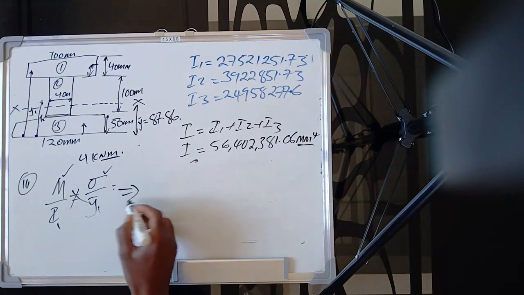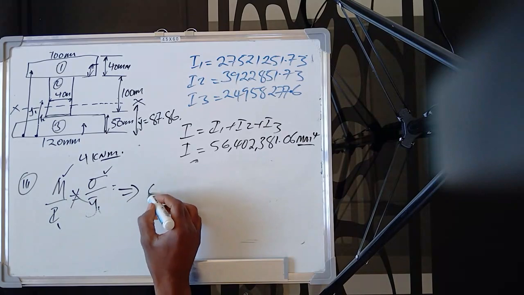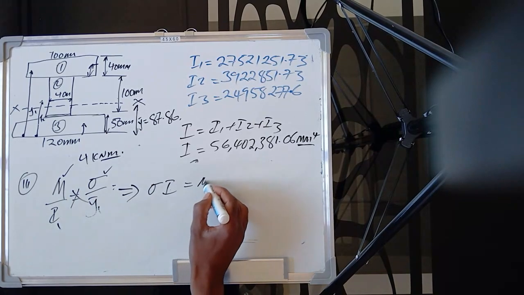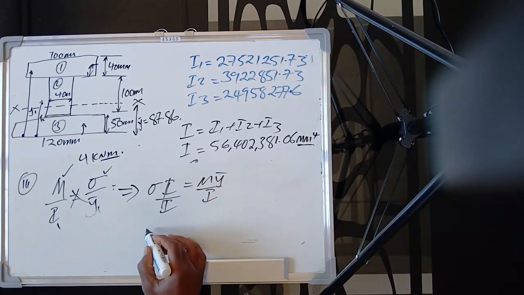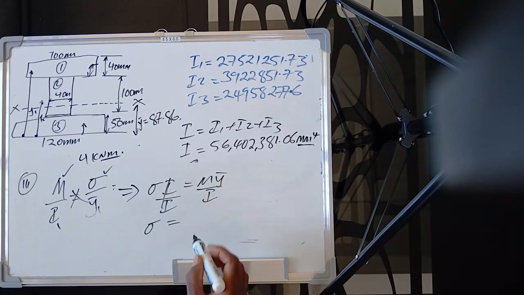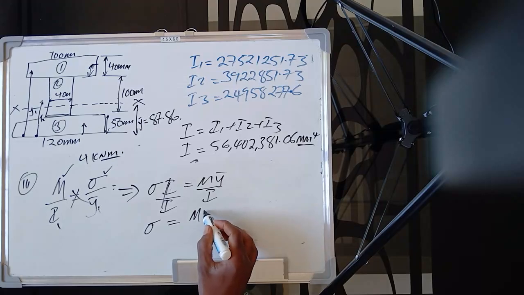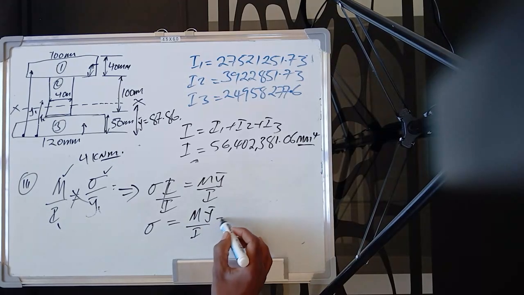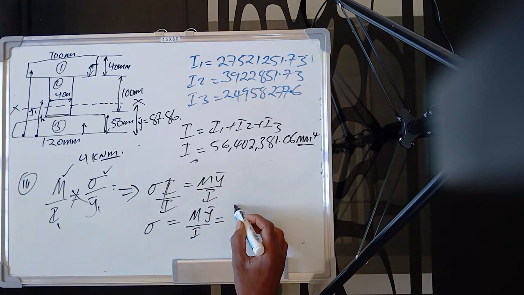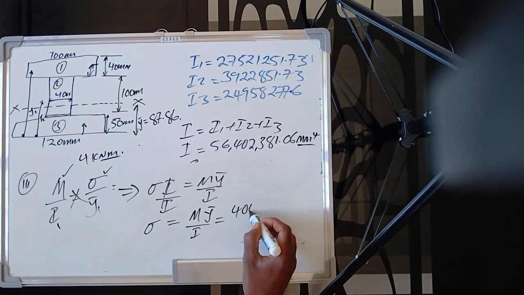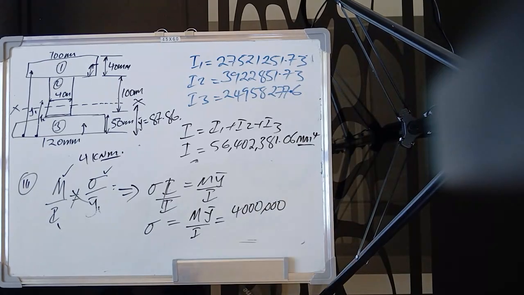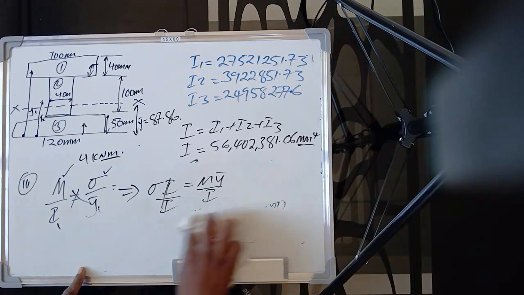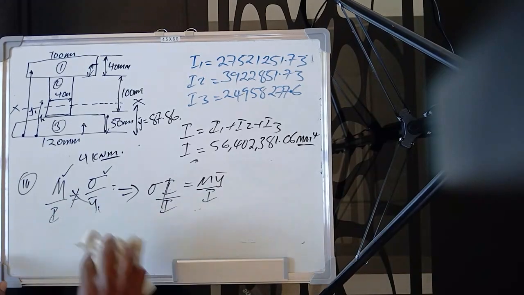So that should give you stress is equal to M y divided by I. So maximum bending stress is equal to M multiplied by y over I. The bending moment is 4,000. Now remember there is a kilo, and a kilo is 1,000 also. Wow, the space has become small. Let me just write it here so that everybody can properly see it. We don't have to rush.